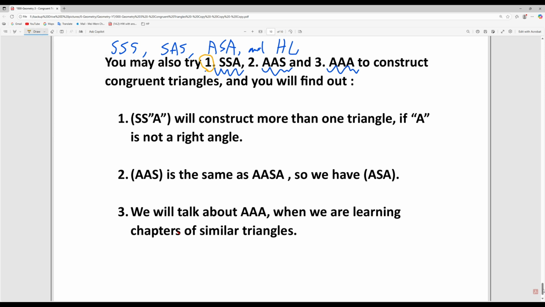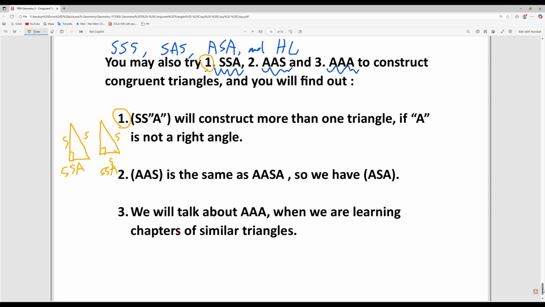How about SSA? SSA you may try. If you have a 90° for sure, and the SS, we all call this SSA.